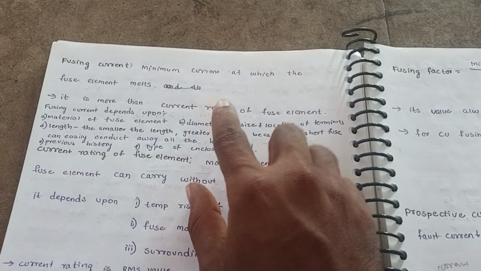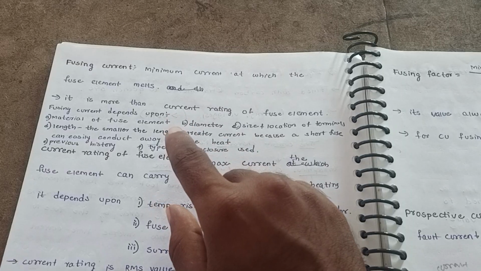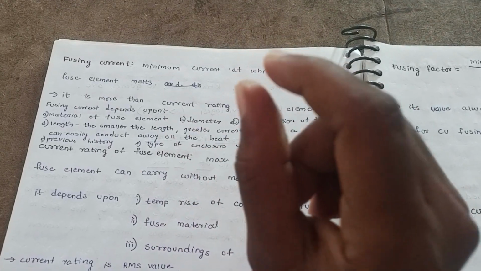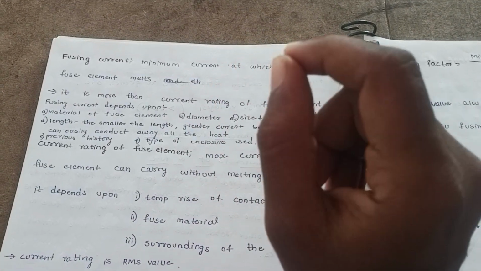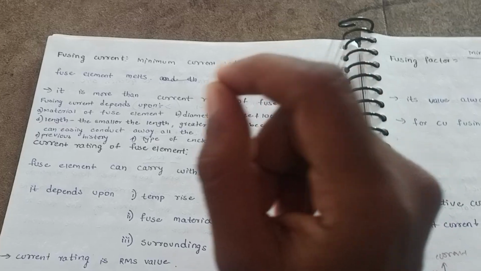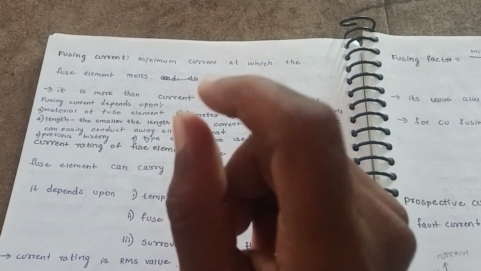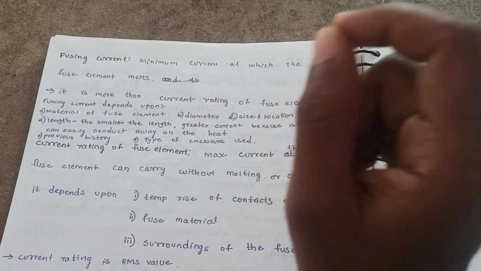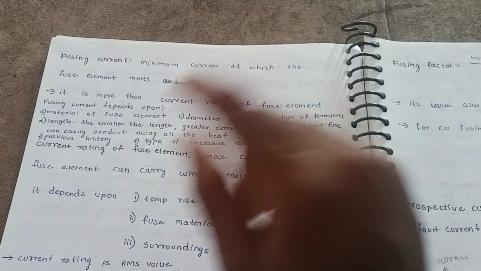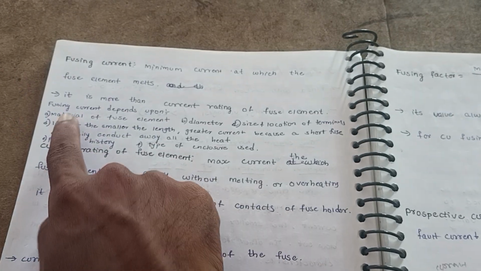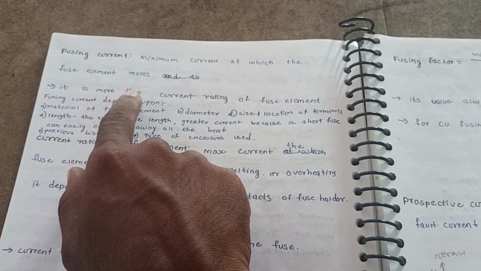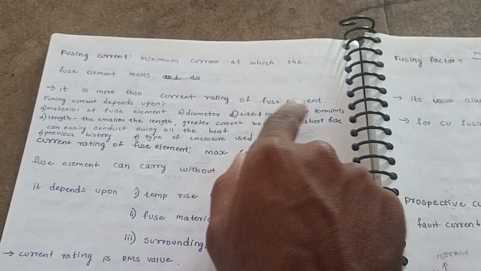Next, fusing current. It is the minimum current at which the fuse element melts. So when the fusing current flows through the fuse, it will melt. It is more than the current rating of the fuse element.